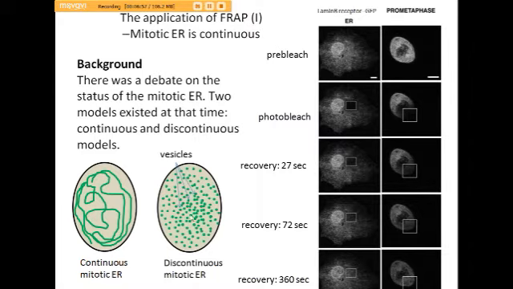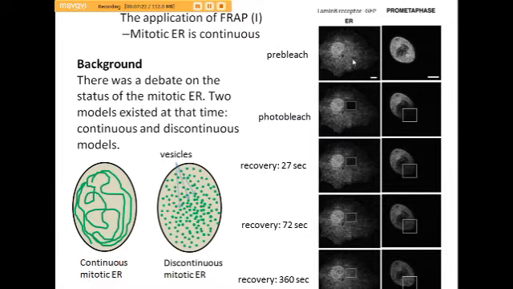This is because when the ER disassembles into many vesicles, it is easier for the cell to divide the ER into two parts, to divide ER equally into two daughter cells. However, using FRAP, it has been shown that the mitotic ER is continuous.